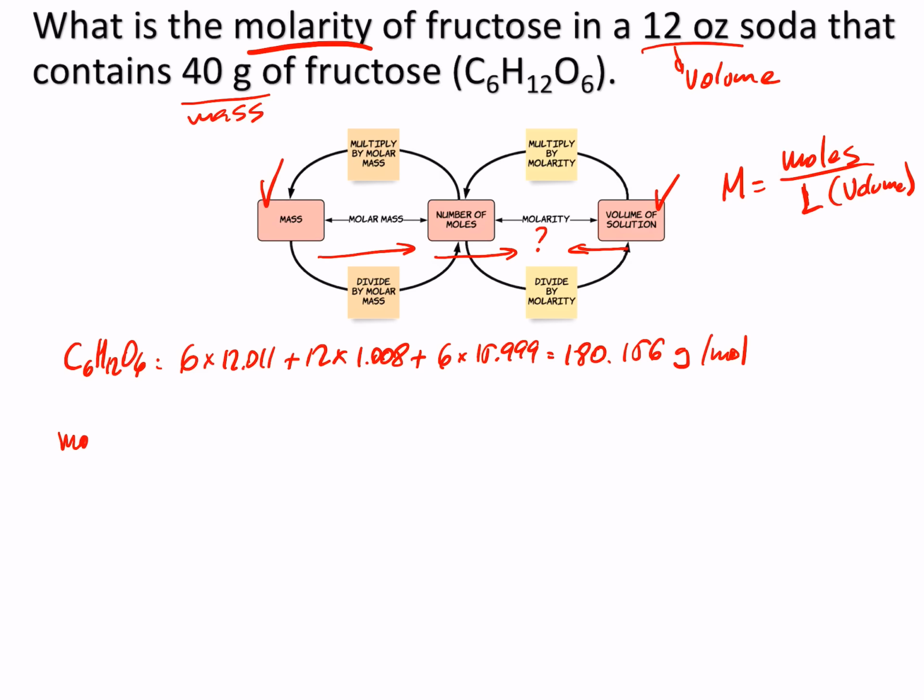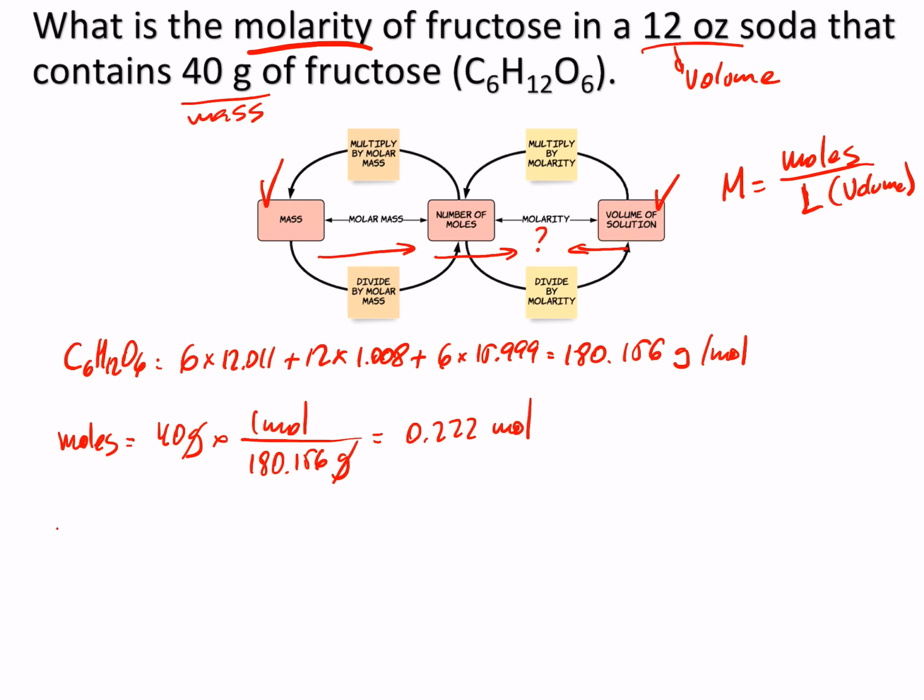So number of moles would be equal to those 40 grams that you have there times 1 mole with a mass of 180.156, and that would be equal to 0.222 moles.